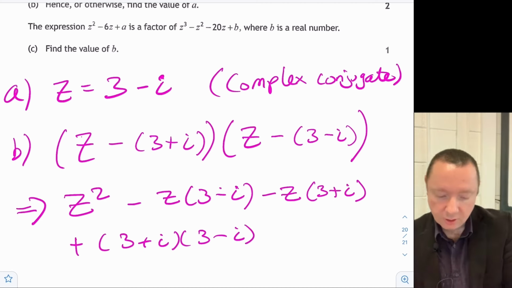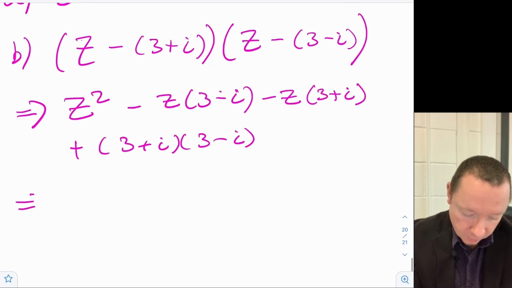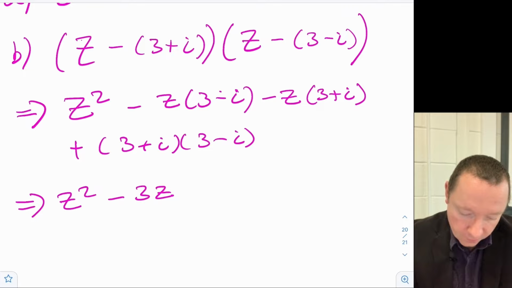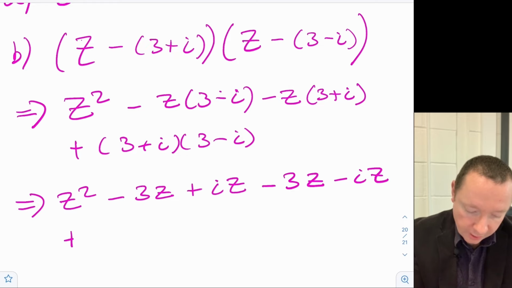It'll be a plus actually, because minus times a minus is a plus. So we've got z squared minus 3z plus iz, minus 3z again, minus iz, plus 9 minus 3i plus 3i, which is nothing, minus i squared.